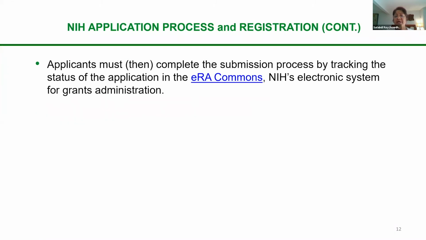All applicants must complete the submission process by tracking the status of your application in ERA Commons. And make sure when you have submitted your application, track the application that there are no errors in there. So you need to submit your application ahead of time and track in ERA Commons that it has gone through completely.